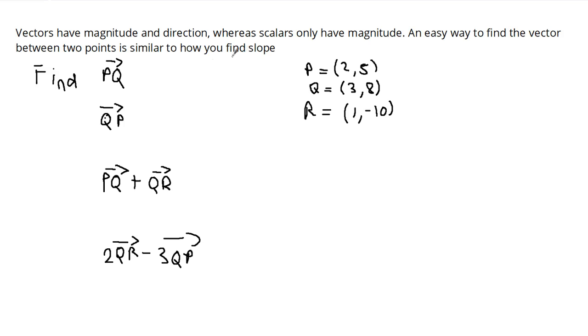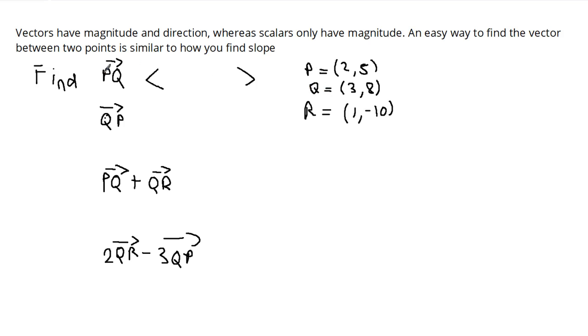So finding vectors is similar to how you find slope. Whenever you find slope, you simplify, but in this case you don't simplify, right? Because you want to preserve the magnitude.